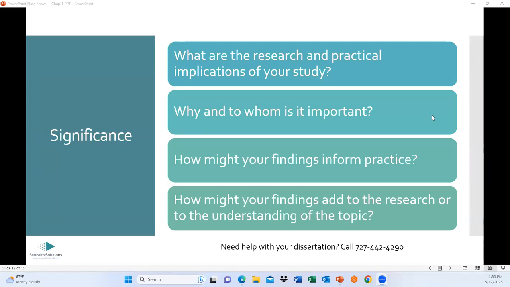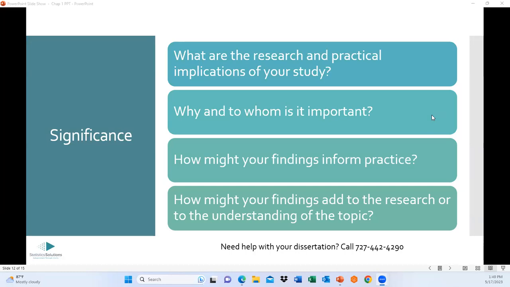How is that going to contribute to research? How's it going to move it forward? It might have the potential to change the way we think about the topic, or it might say, hey, we need to approach this topic in another way than we have traditionally. There's some kind of contribution or some way to advance the research. You need to think about that.